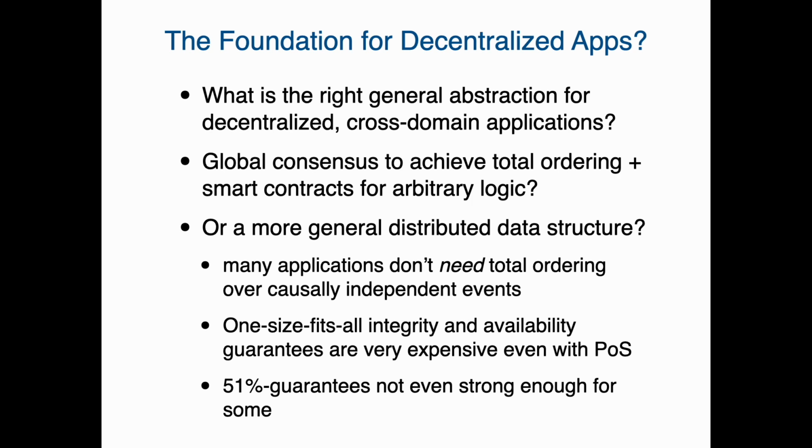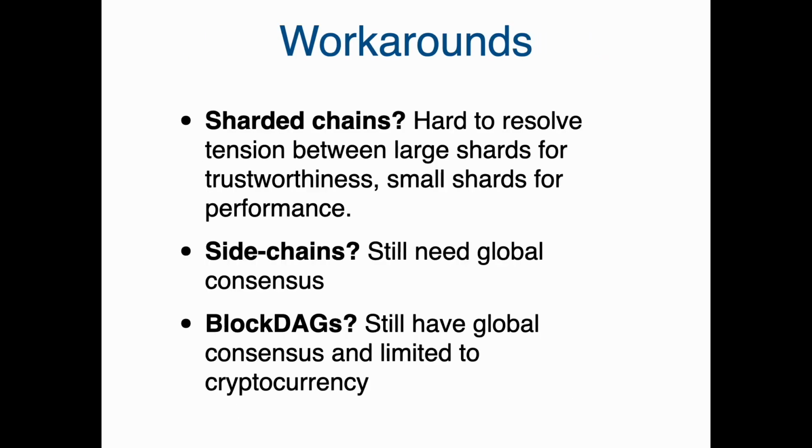So some people nonetheless don't want to use the blockchains to store information they care about because they don't consider it sufficiently trustworthy. Okay, so obviously these limitations have engendered a lot of work to try to make things fundamentally more efficient, like sharding chains and having side chains. And of course, people have explored building DAG structures for blockchains.